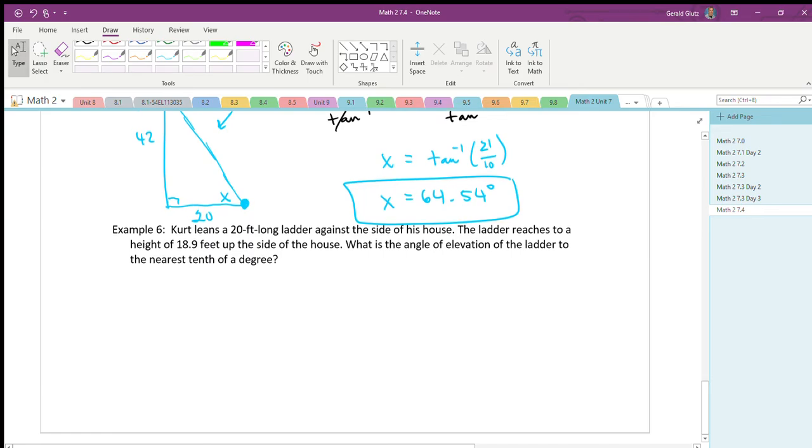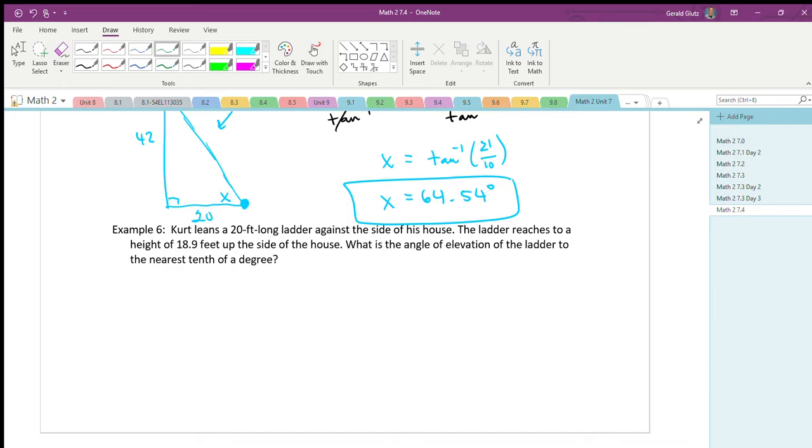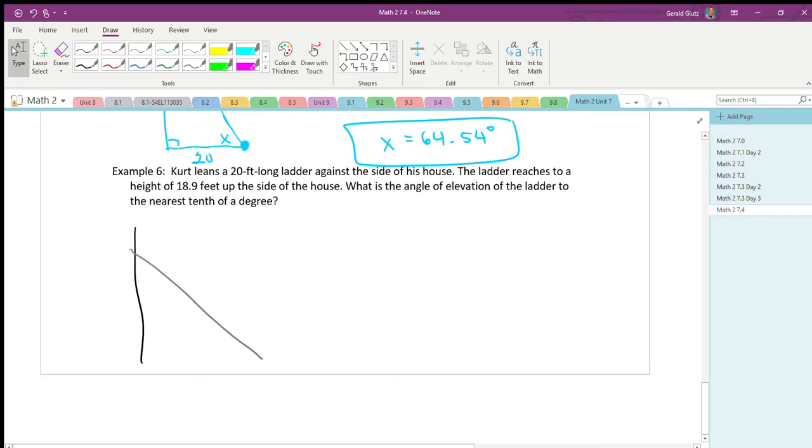And then finally, example 6. So Kurt leans a 20-foot long ladder on the side of his house. So here's the side of his house. His ladder is leaning up against that. So the ladder is 20 feet long.